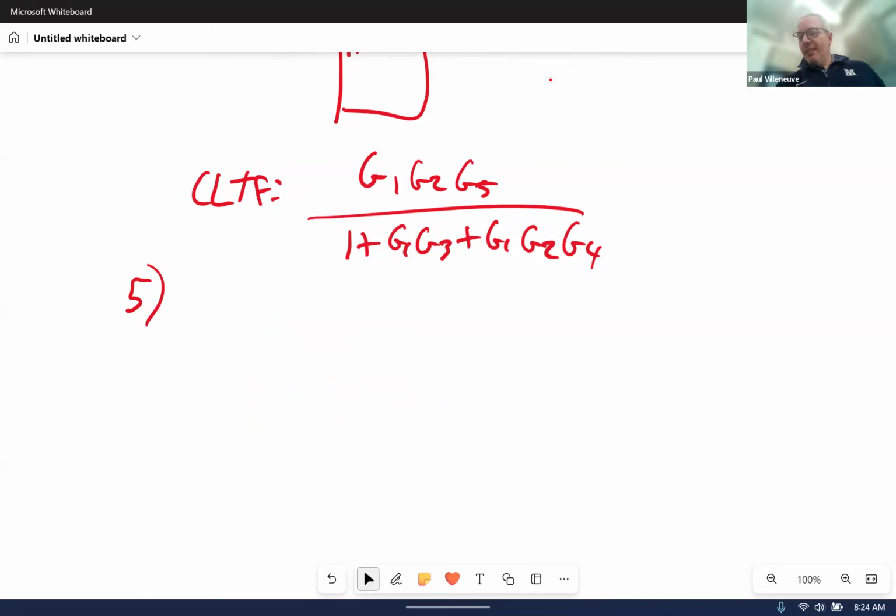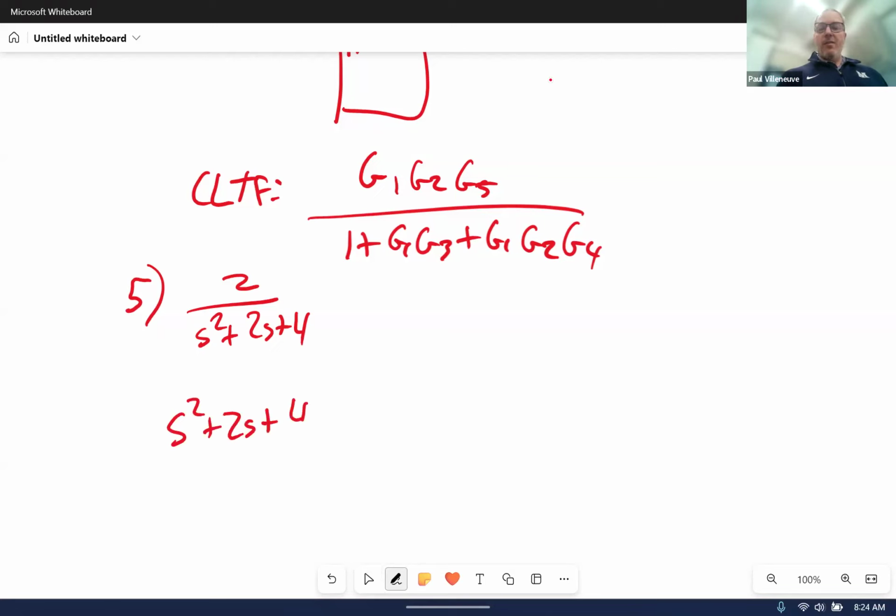Hopefully. Last one. 2 over s squared plus 2s plus 4. Solve for zeta, omega sub n, and omega sub d. We know that s squared plus 2s plus 4 has to equal s squared plus 2 zeta omega sub n s plus omega sub n squared.